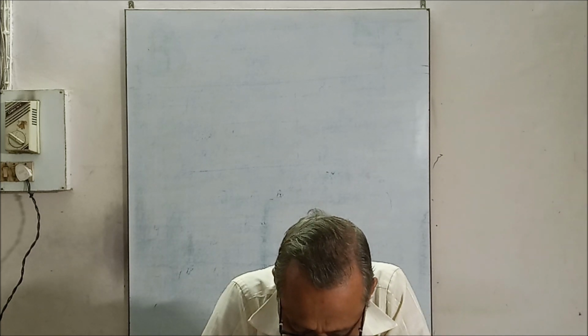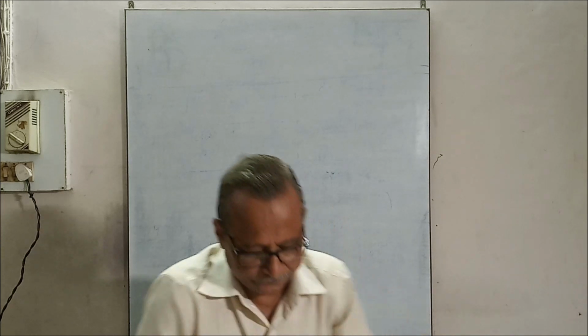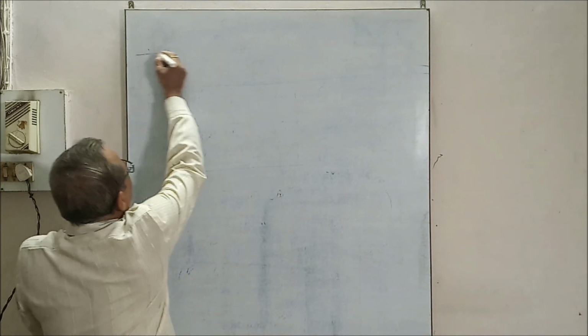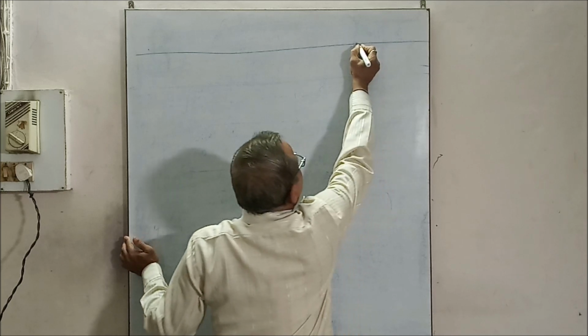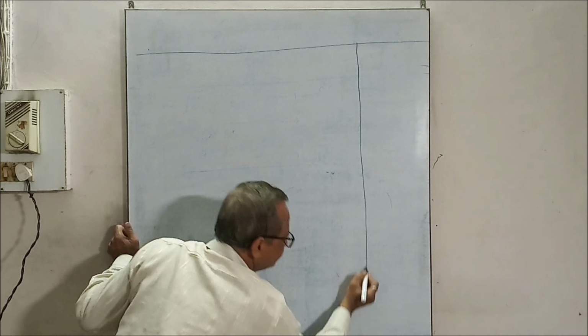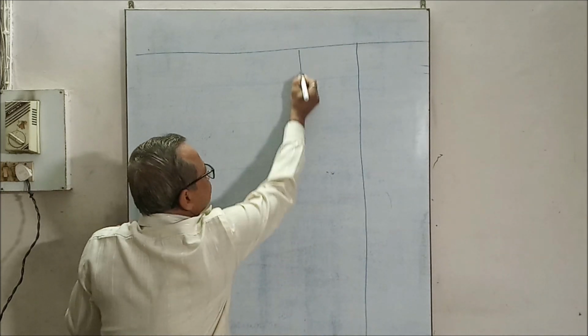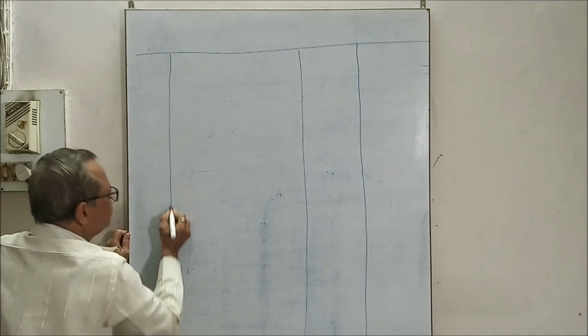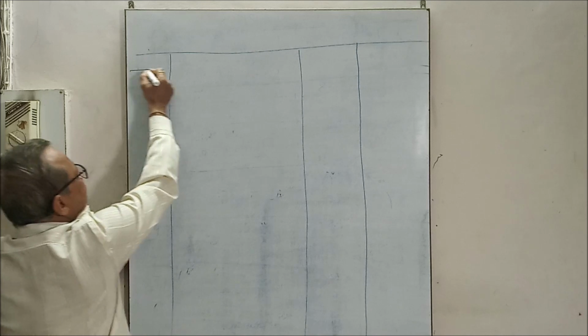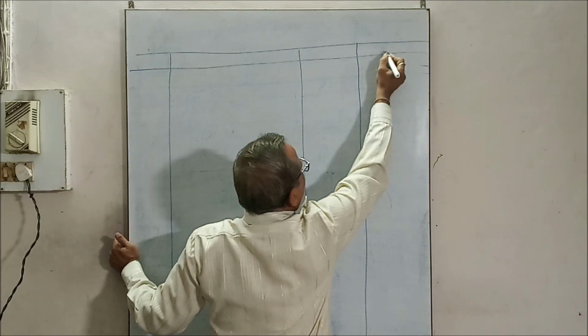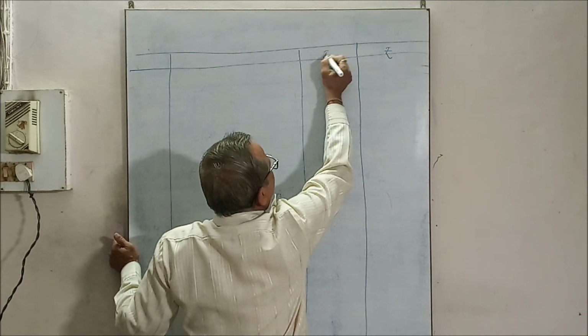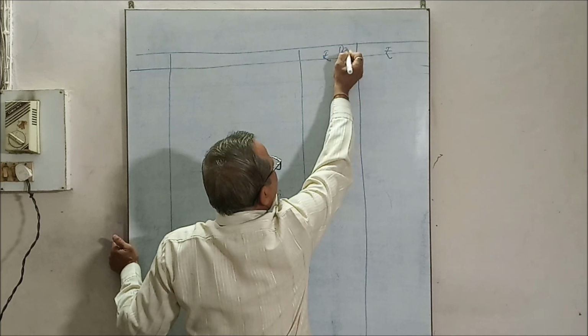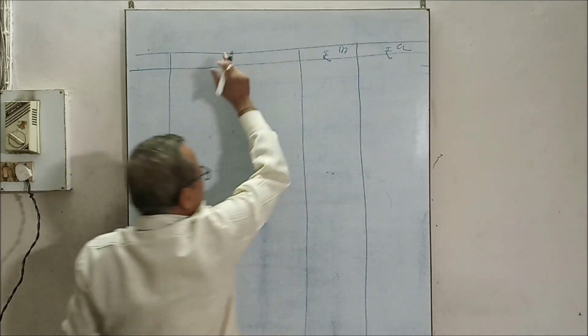The first one, see the rectification. Amount debit, amount credit, particulars.